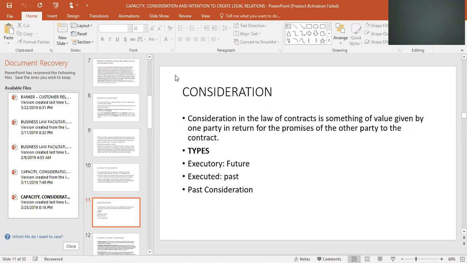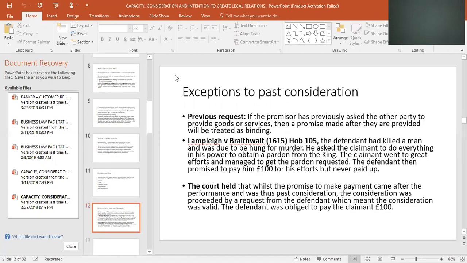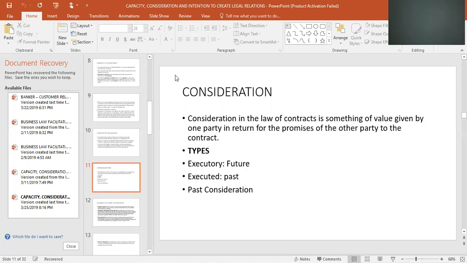Now, to start with, let's look at what executory consideration means. When we talk about executory consideration, we are simply referring to a future promise. Like the contract I entered into with Yvonne. The first scenario I gave, that Yvonne should wash my car for me and I will pay her 20 Ghana cedis.